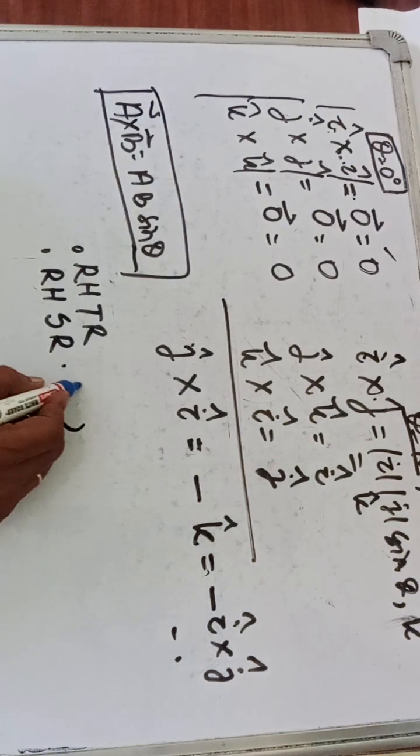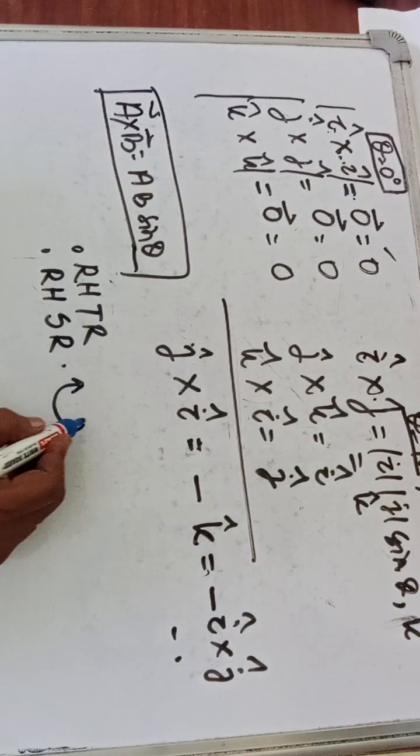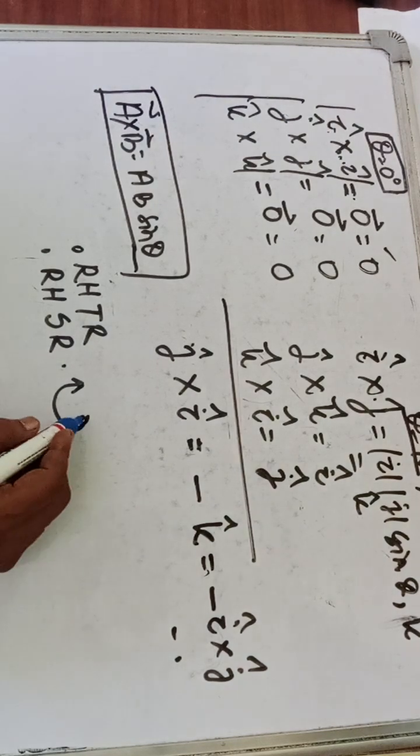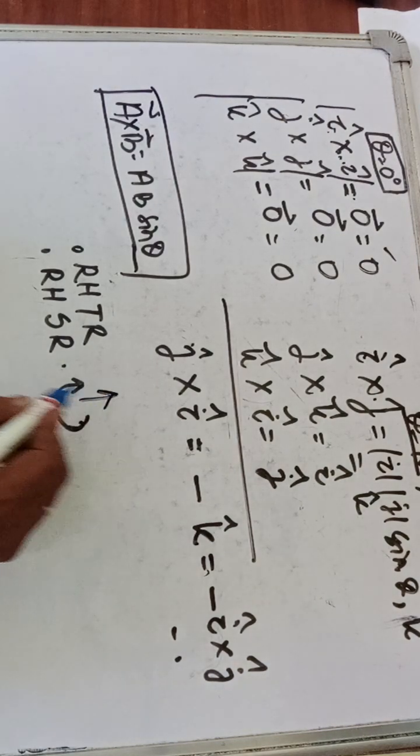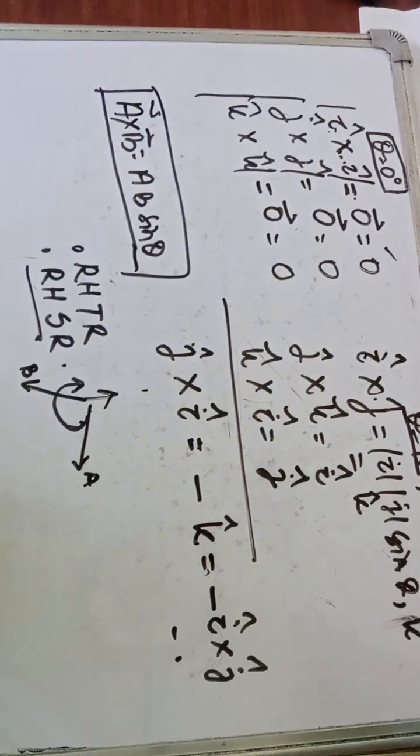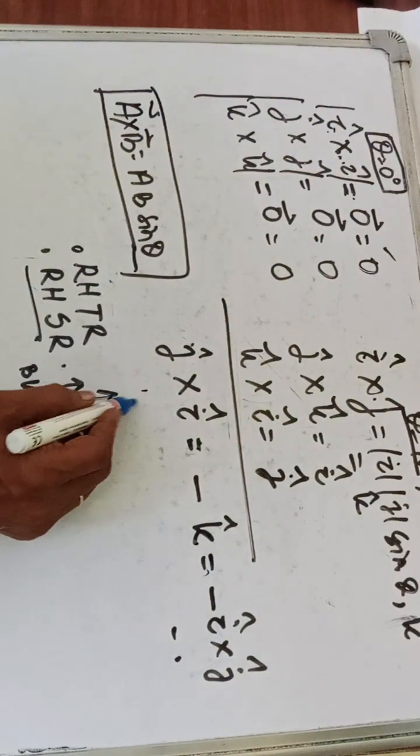If you are moving the screw through an angle from A to B, then the movement of the screw will give the direction of the resultant.